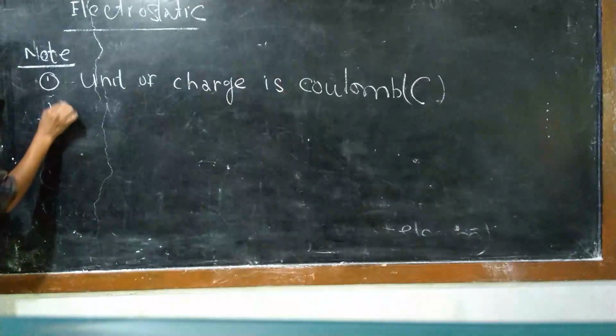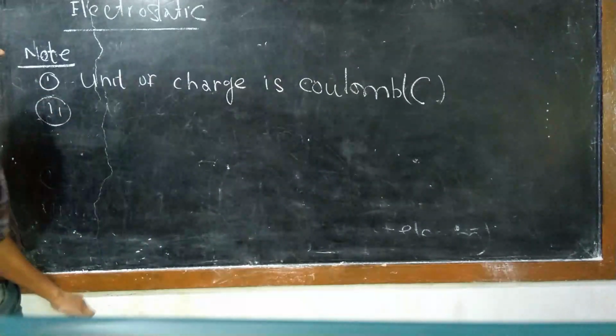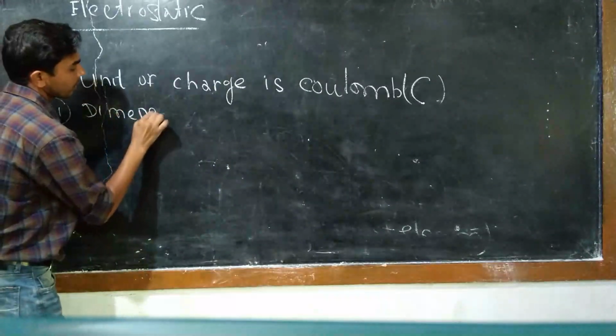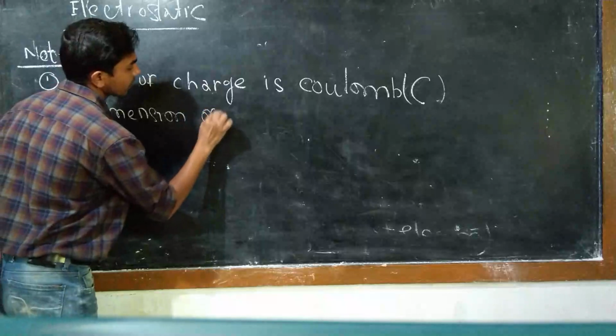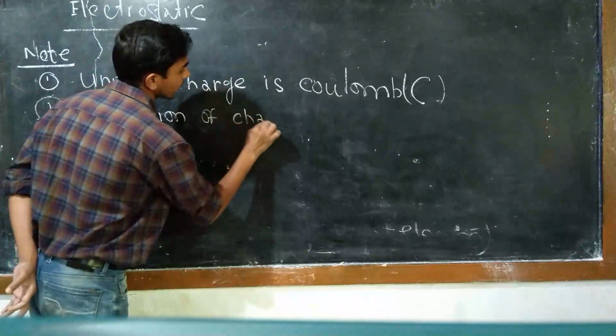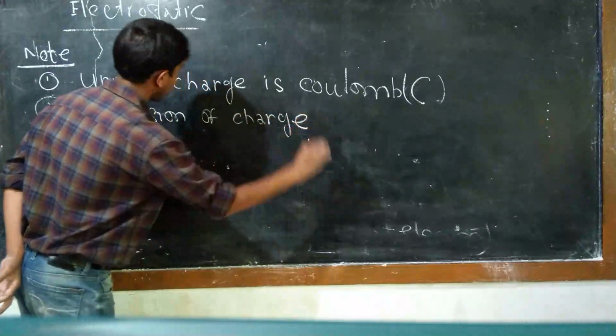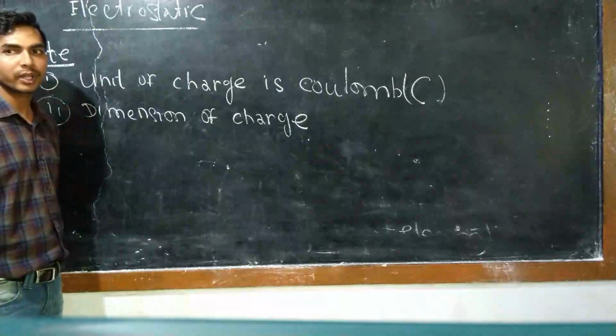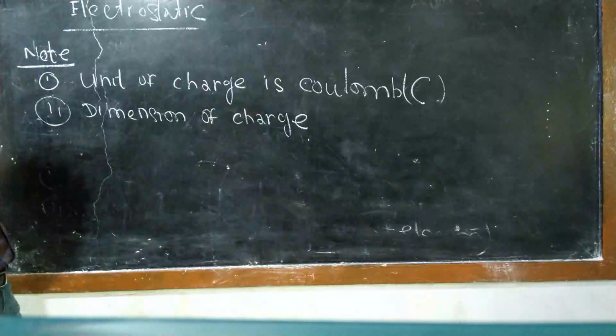And another one is dimension. Dimension of a charge. Dimension means dimension formula. So how are we going to find the dimension formula?